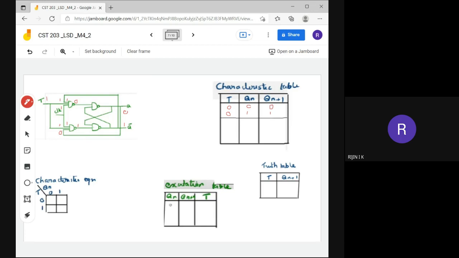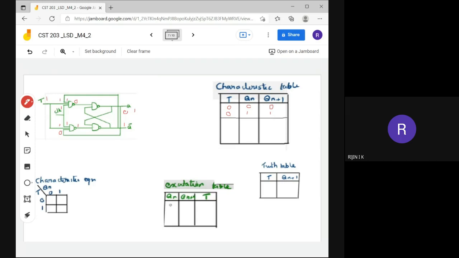Next we need to find the next state Q and Q bar. Here we can find it easily, because here one of the inputs is 0. That means the output will automatically be 1. The output will be 1 itself.